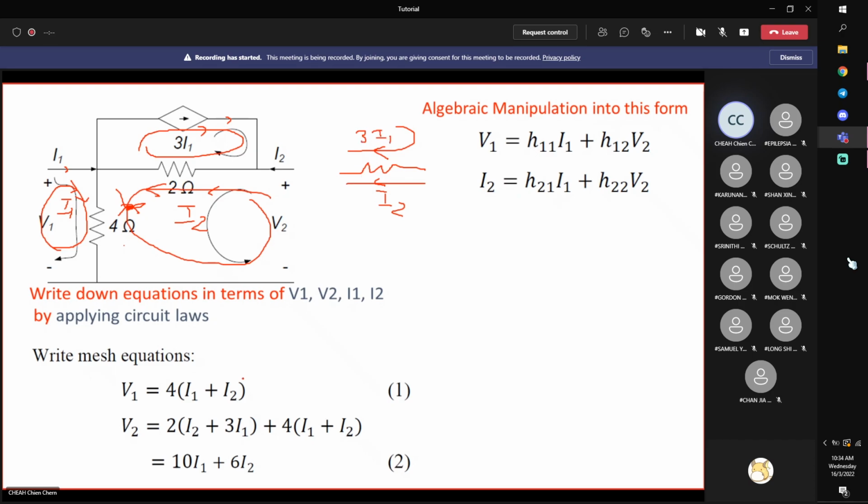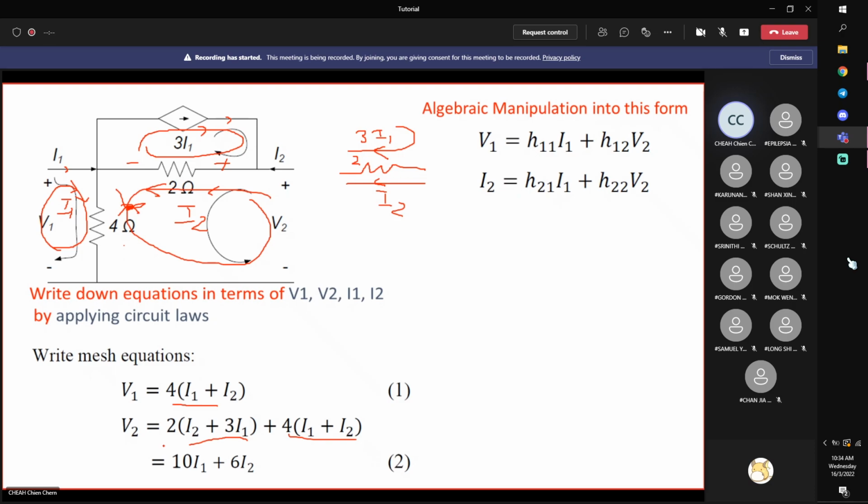In the same direction, you add them up. I2 plus 3I1 times 2 ohms is the voltage across this resistor. This part is the same, the common branch for I1 plus I2. I need not waste time because they are the same, and we can put it over here.